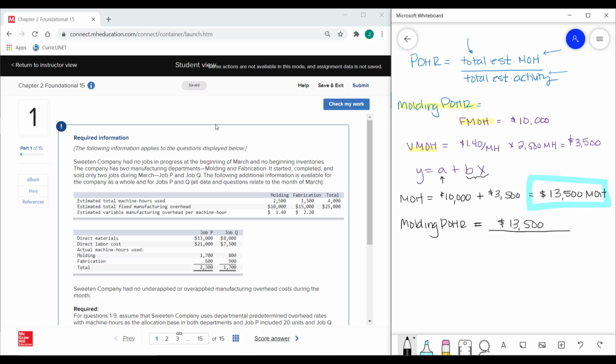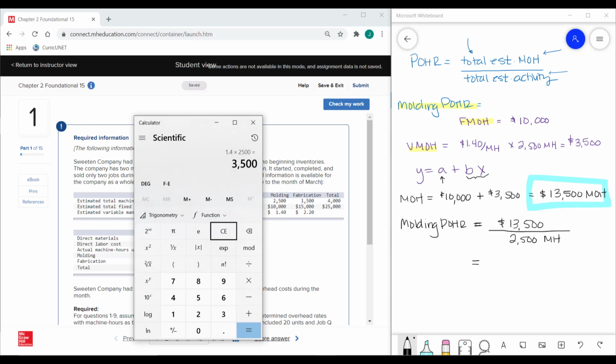And the estimated activity, the total amount of the allocation base, they're using machine hours in this case. The total estimated machine hours they estimate we'd use in the molding department is 2,500 machine hours. So basically what that's saying is we're estimating that going into March, we'll use 2,500 machine hours in the molding department, costing us about $13,500 in manufacturing overhead within that department.